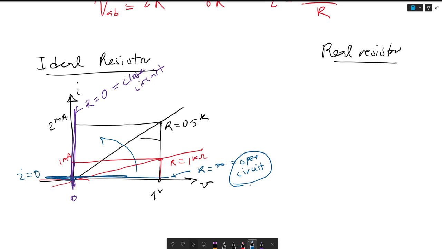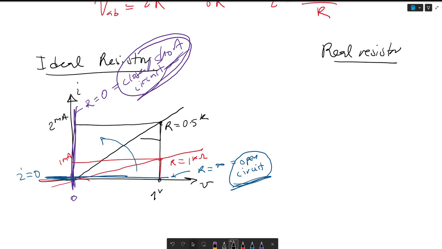No current passes through an open circuit. This is a short circuit. Again, check out my last video if you don't remember those concepts.